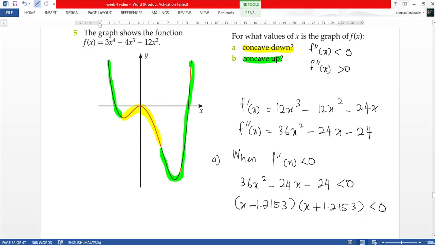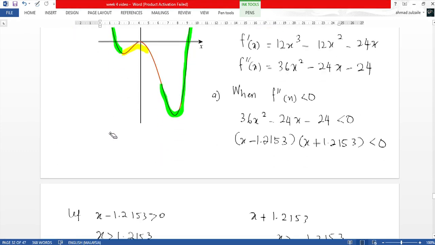Kenapa I tak sketch along the curve here for the concave up? What I do is I just put half of it, this green highlight, because in between concave up and concave down, there is a point of inflection.